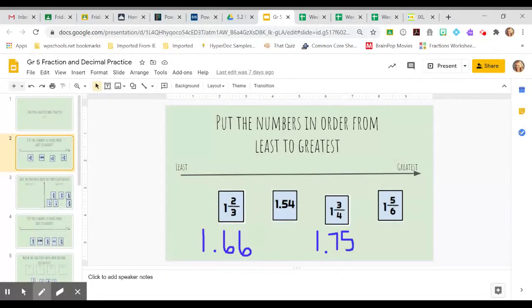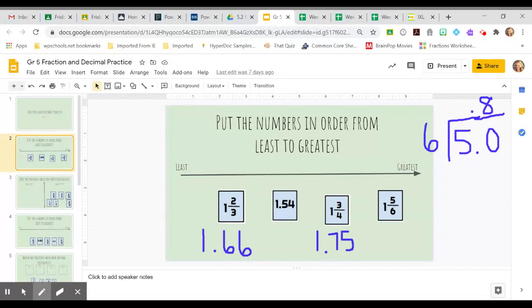Okay. And 1 5/6, 5 divided by 6 is going to give me something that starts with an 8 in the tens place. So I know that 5/6 is going to be a little bit more than 8/10.